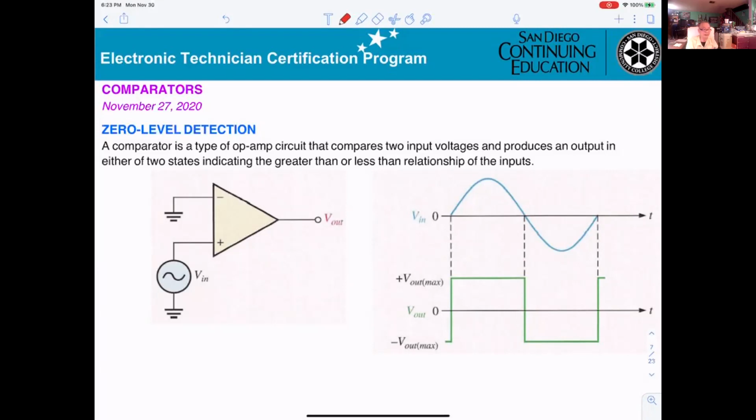When you're looking into the circuitry, you're able to recognize, is it inverting amplifier, non-inverting, follower, or comparator? How do we know? This is comparator. It's not inverting, non-inverting, or a follower.